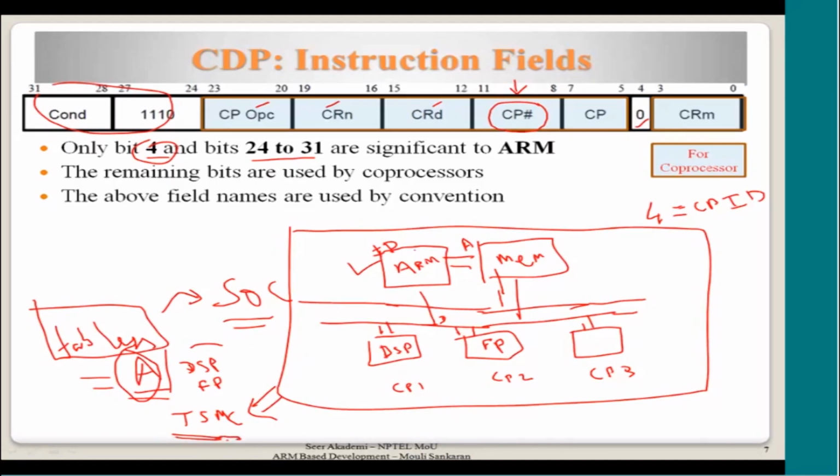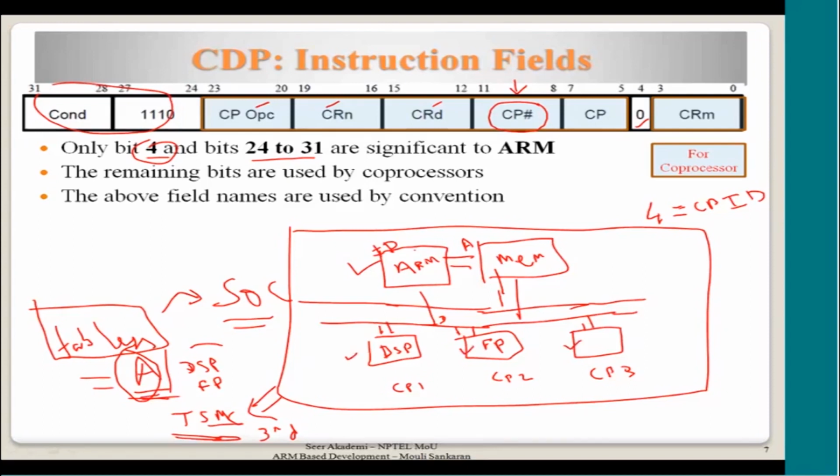This is Taiwan Semiconductor Manufacturing Company, a third party company which builds chips for us and for other third party companies. But to them we need to give a design. So company A is designing an SoC for their own application by buying IPs from different sources.